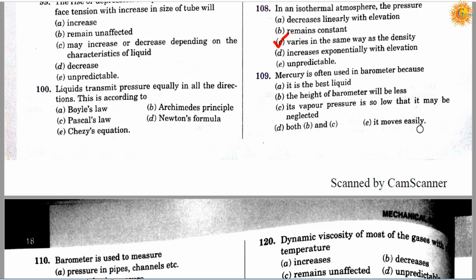So the correct answer is D. It means the height of the barometer will be less and its vapor pressure is so low that it may be neglected.